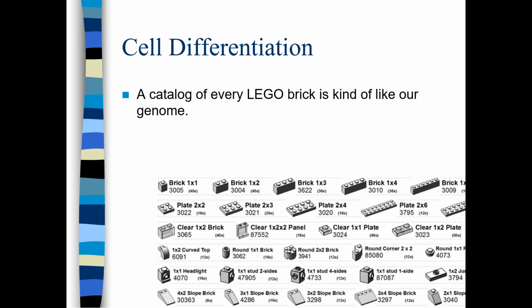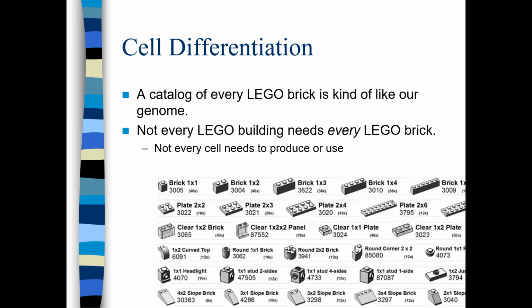You can order from the Lego company a flat 2x2 plate, a 2x2 brick, a 2x3 plate, all of these different shapes. But not every Lego building needs every single type of Lego brick. The pirate sets need specific pirate bricks, just like the skin cells need skin-specific proteins.